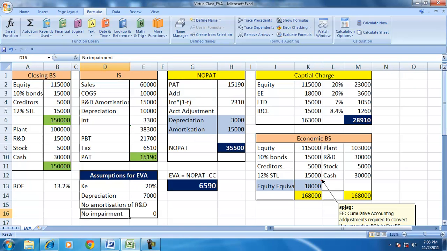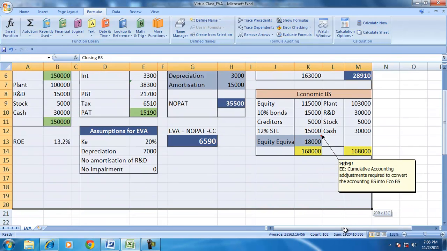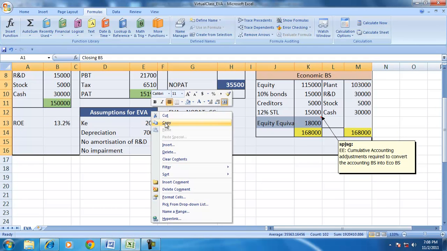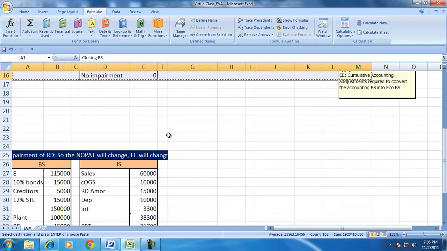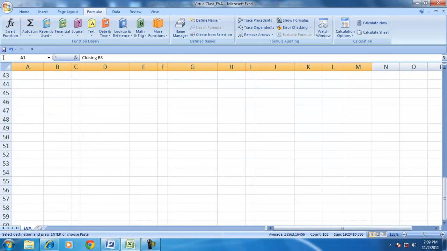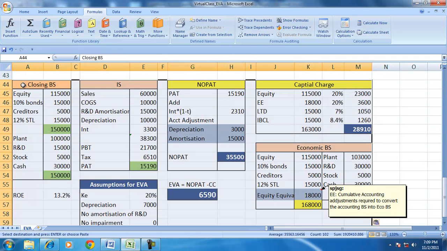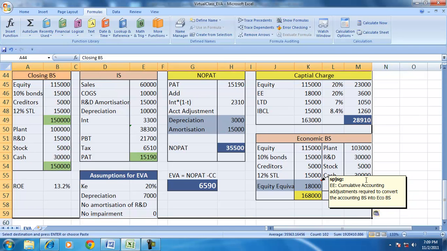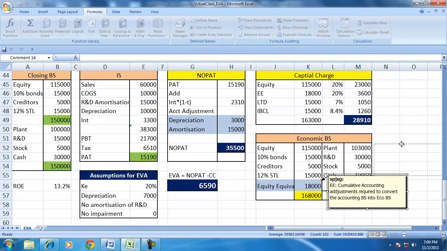Suppose we change this and make a change in our assumptions. We copy this, and then we say that the accounting adjustments differ, and that there is an impairment.